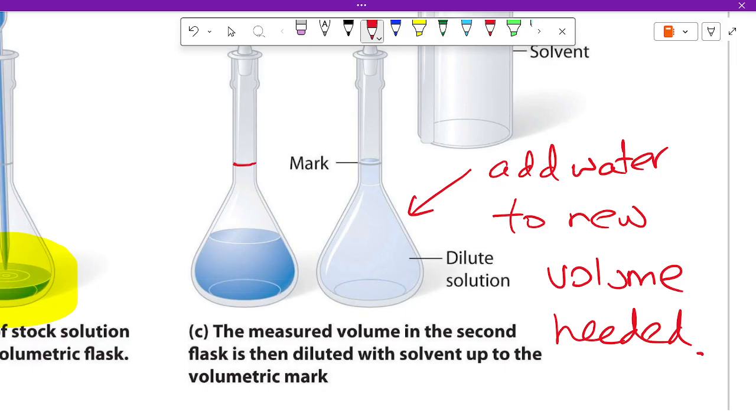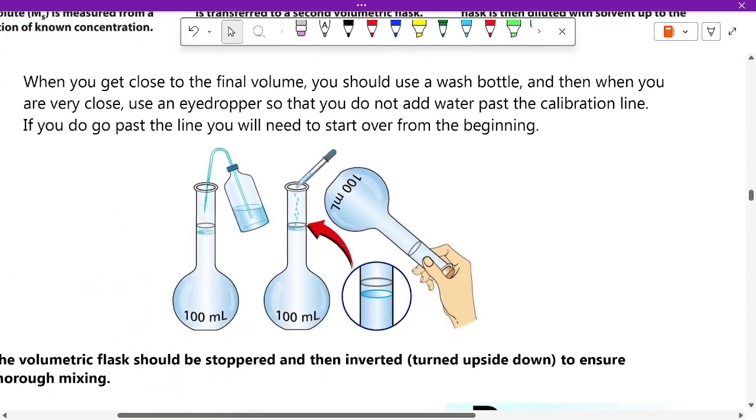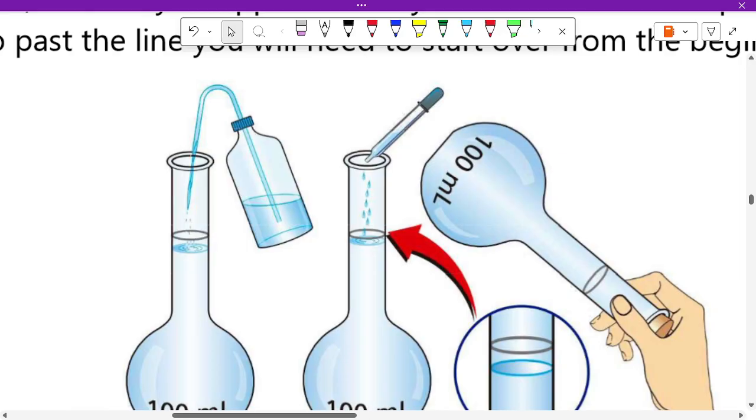What should you do when you find that your water level is getting close to the mark? You should use a dropper, okay? Use a dropper for the last bit. And in fact, you can go one step further. When you're sort of down here-ish, rather than just pouring it in from a beaker, which is kind of fast, right?